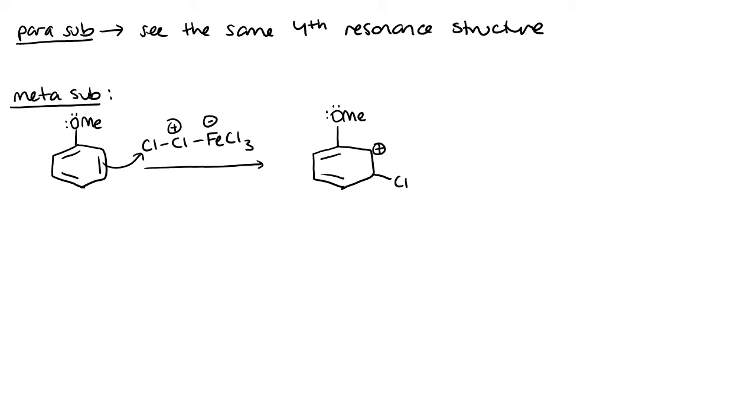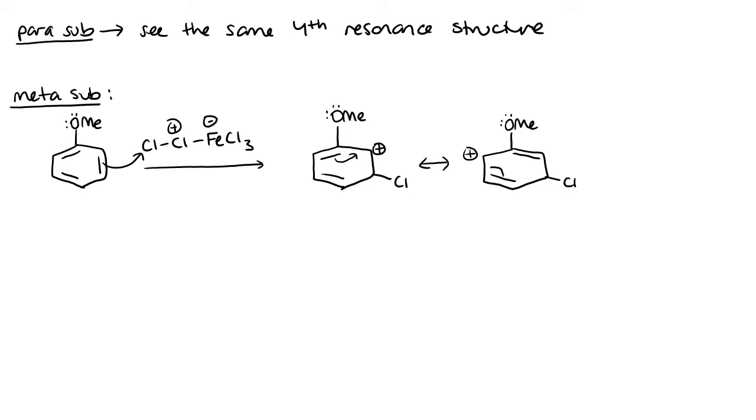Okay, so we have our first arenium ion resonance structure. Now this is an allylic cation, so we'll have the electrons come over. We form our second resonance structure.